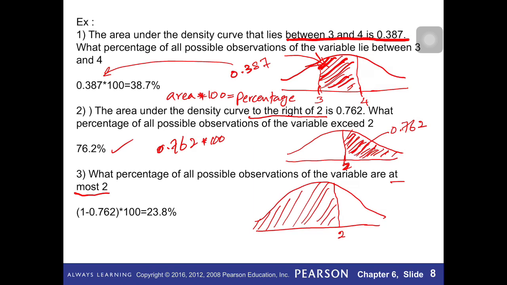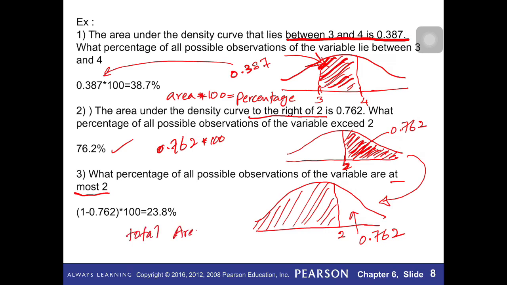From the previous part you have figured it out, the area which exceeds 2 is 0.762. So you know the value belonging to this area is 0.762. What is the total area under the curve?